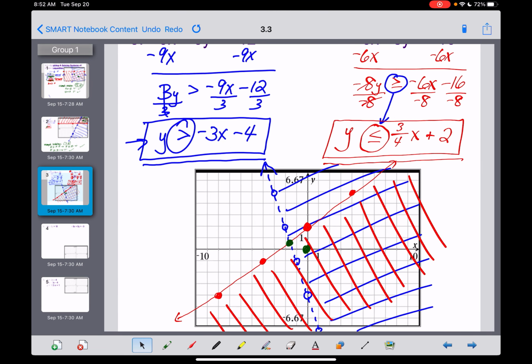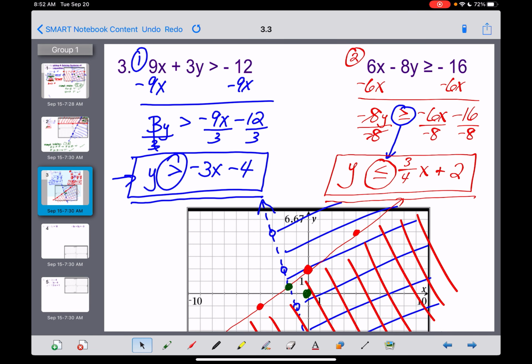And to test that, I'm going to go back to the originals. Now, I'm not a big fan of standard form, but one great thing about standard form is that using the origin is really, really easy because the left side of your equation or inequality in standard form always becomes 0. Let's think about that. 9 times 0 is 0, 3 times 0 is 0, and 0 plus 0 is 0.